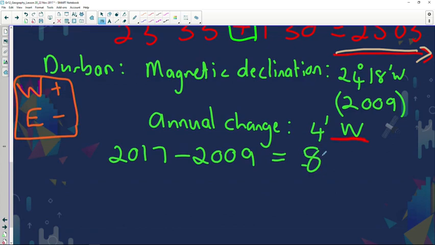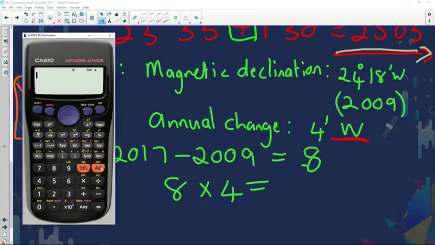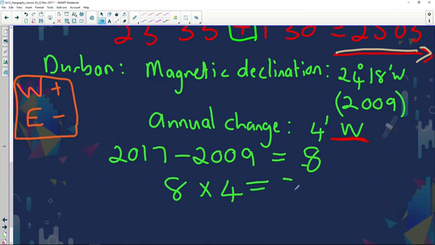And obviously we need to calculate the annual change, how the magnetic declination changes every single year. 8 times 4 equals 32. So that's 32 minutes. Now because the annual change is moving west, what are we going to do?